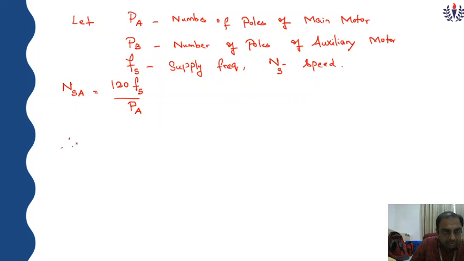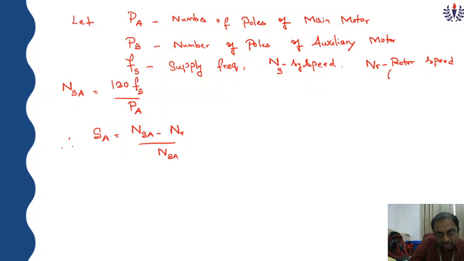Therefore the slip of motor A, SA, equals NSA minus NR by NSA, where NR is the rotor speed for both motors.